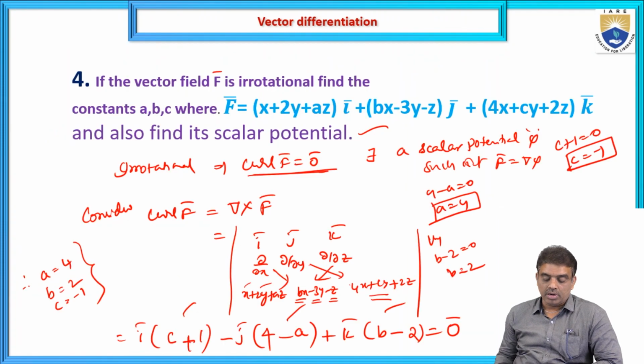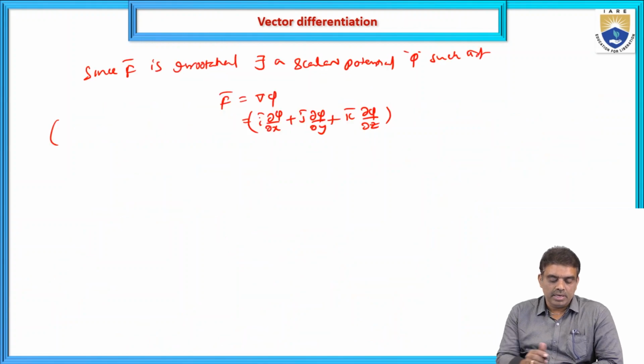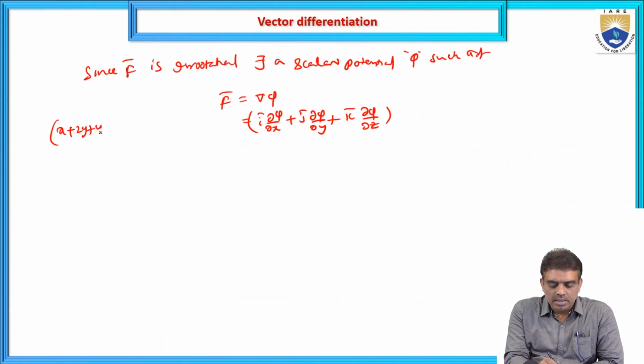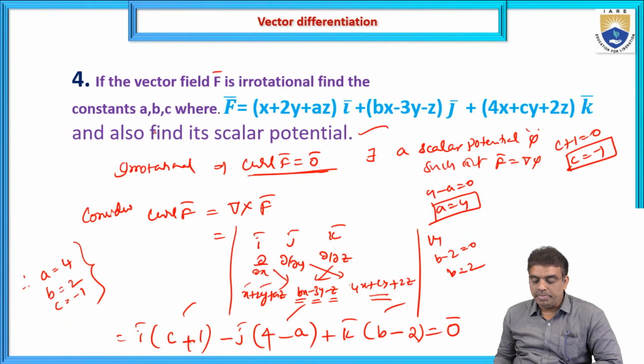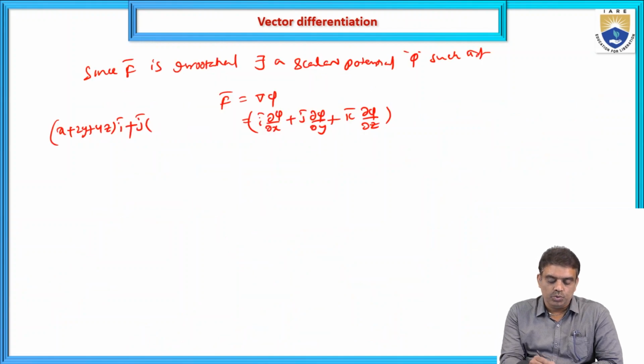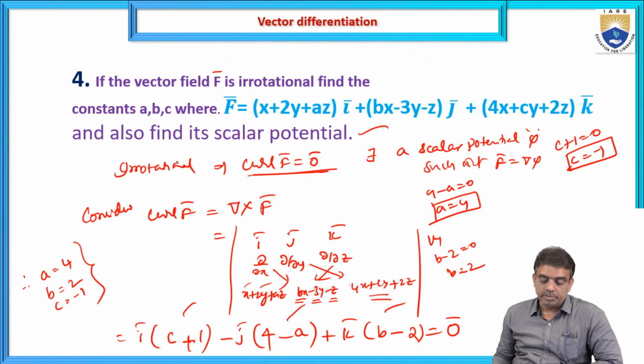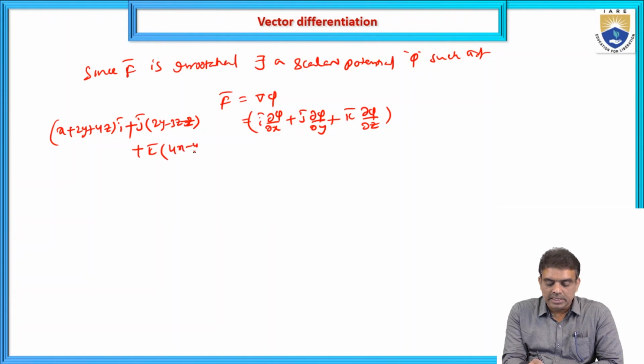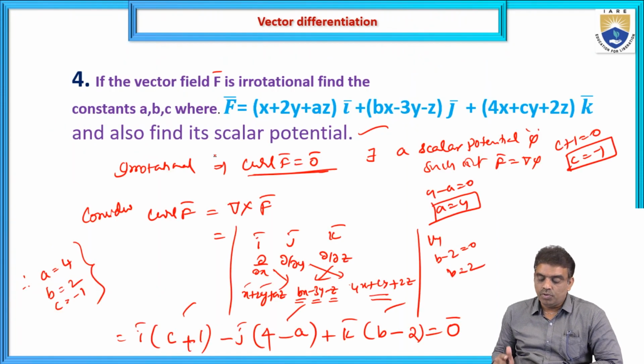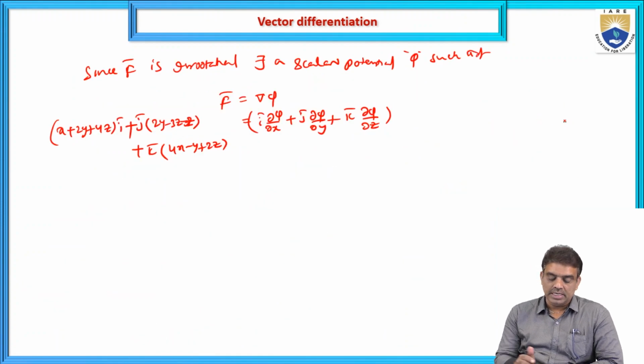f bar is (x plus 2y plus 4z) into i bar, plus j bar into (2x minus 3y minus z), plus k bar into (4x minus y plus 2z), with c equal to minus 1, that is 4x minus y plus 2z, is equal to this one.